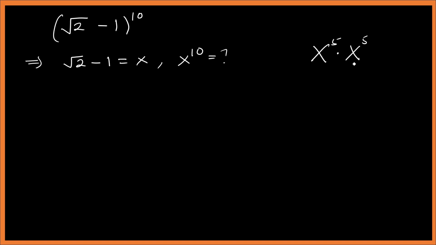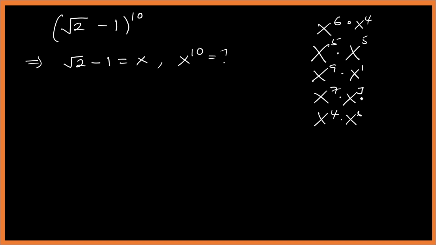So when you perform this, it will be x to the power 10, or x to the power 6 times x to the power 4, or x to the power 9 times x to the power 1, or x to the power 7 times x to the power 3, or x to the power 4 then x to the power 6. So same thing as this. All right, so let's go ahead.